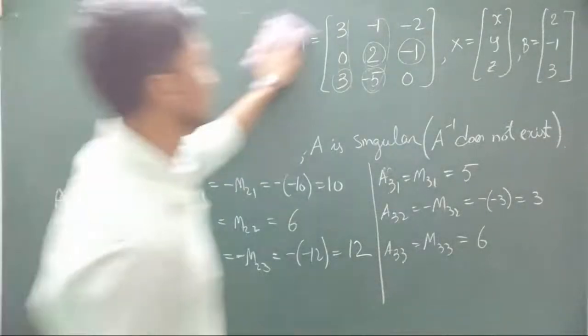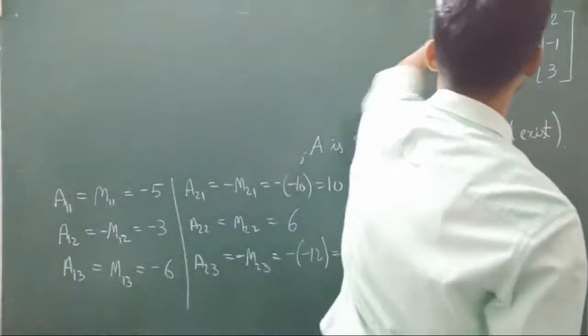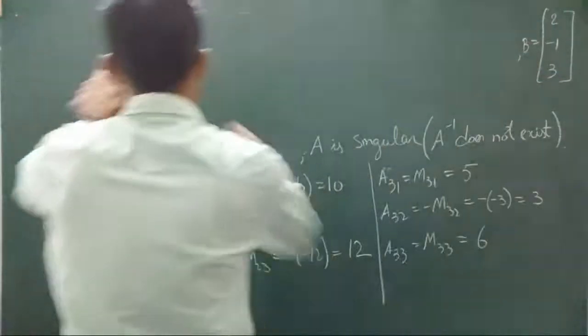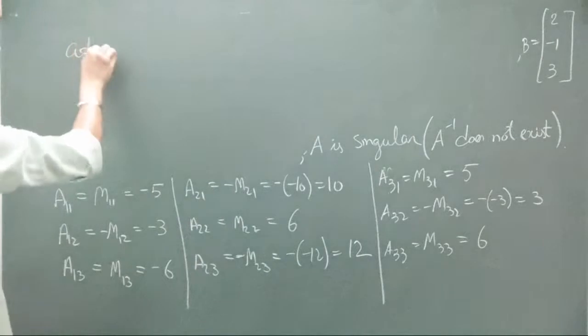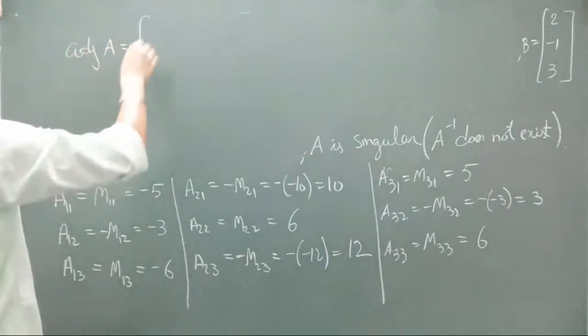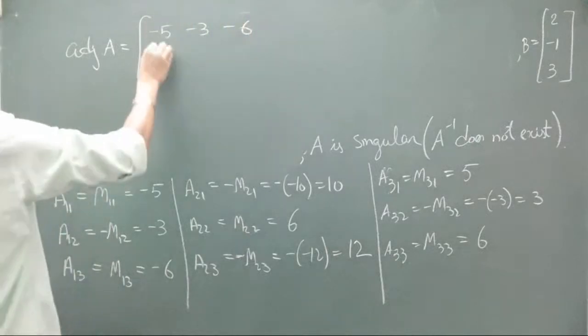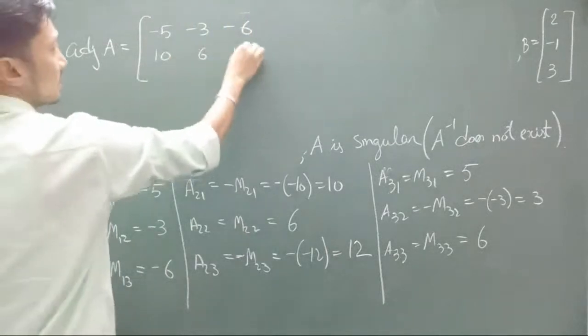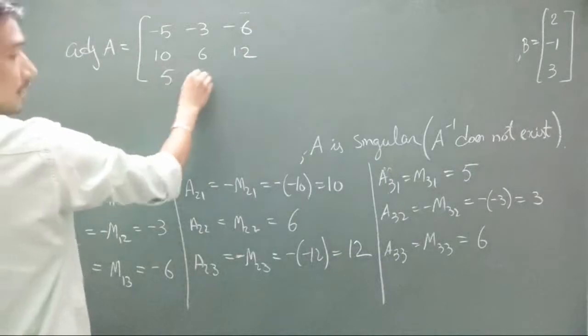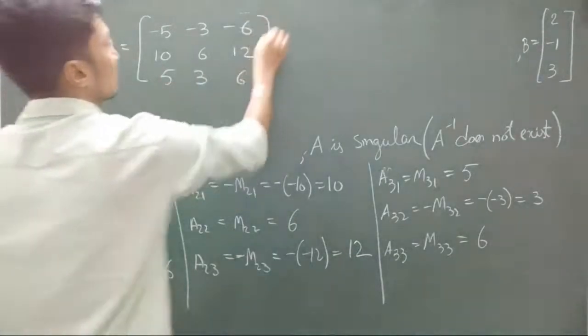All right, so let's get the adjoint now. I don't need the matrix A anymore, I'll need B only. So adjoint of matrix A would be minus 5, minus 3, minus 10, 6, 12, 5, 3, 6 transpose.